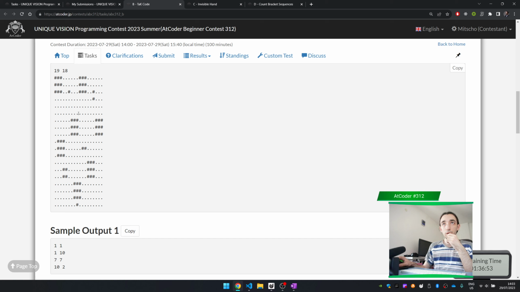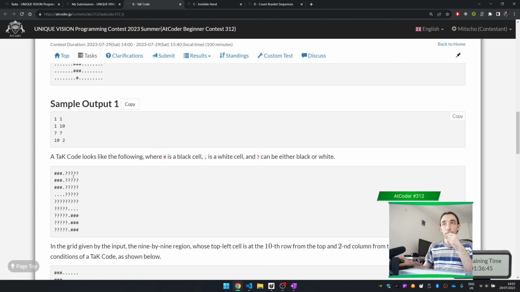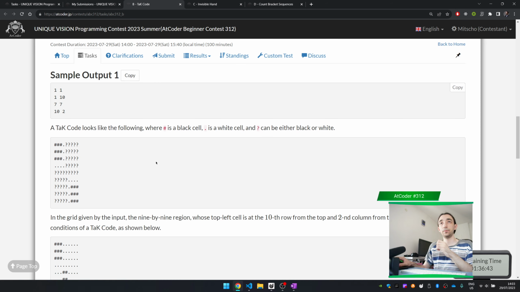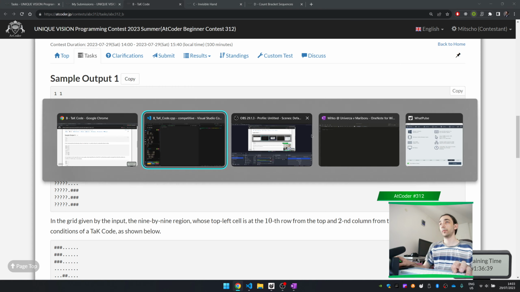One is a region, because these here, and then we have all of the whites here. So this is how a region should look.